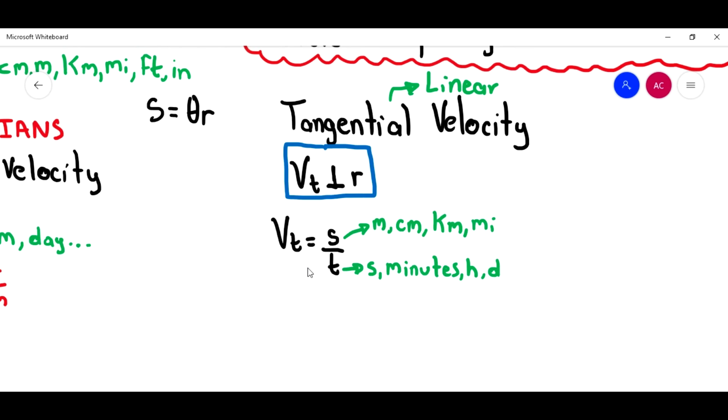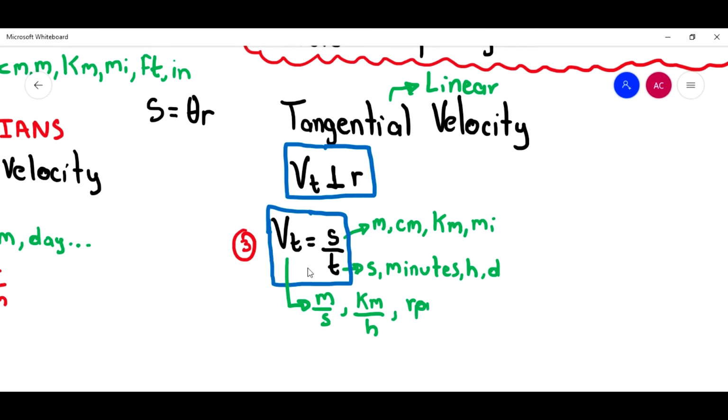So this is equation number 3, and the units for tangential velocity, most of the time, are going to be meters per second or kilometers per hour.